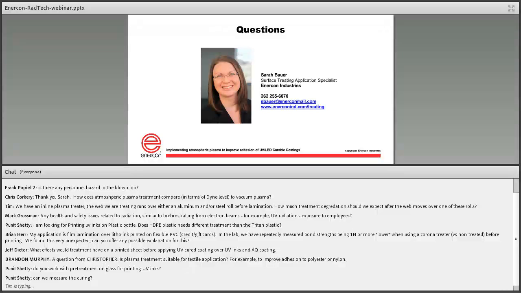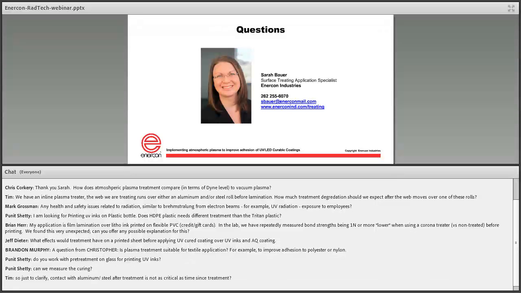I'll be honest, I'm not an expert in specifically what you need to do, but what I do know is that typically in these applications you only partially cure the first layer, and then when you apply the next layer, you fully cure it, and it's done at different wavelengths.